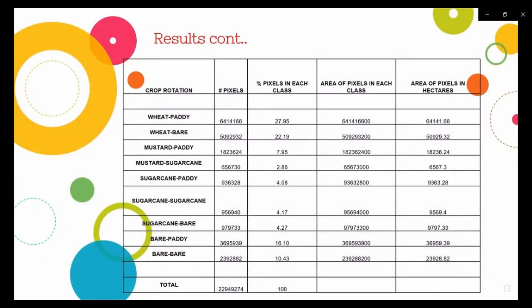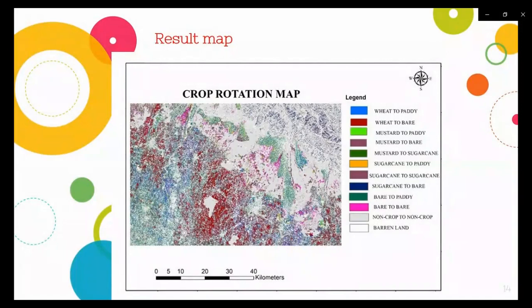And these are the results in tabulated form. I've also generated a result map which shows there are wheat to paddy, wheat to bare land, mustard to paddy, mustard to bare land, mustard to sugarcane, sugarcane to paddy, sugarcane which is in the whole year, which is sugarcane to sugarcane, and then sugarcane to bare land, and bare land to paddy, bare land to bare land, which is just like an unused land, and then non-crop to non-crop, so that might consist of plantation or water body, which is a non-crop land, and then the barren land which hasn't been used for cultivation.